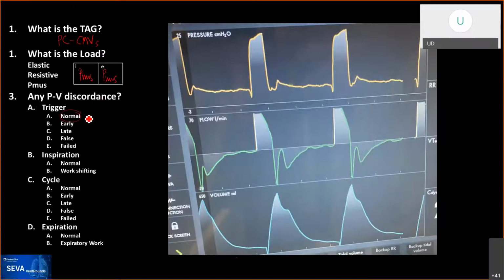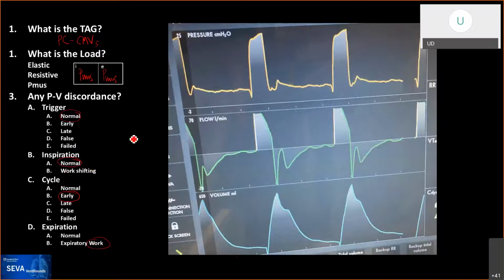Inspiration, I think it's normal, but cycling, I would say there's early cycling. And expiration, I think there is expiratory work shifting.